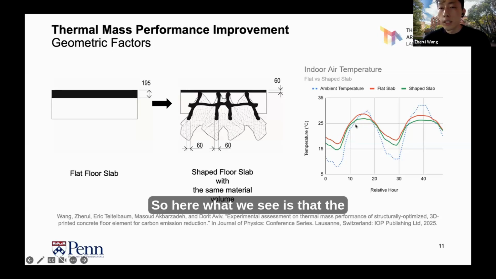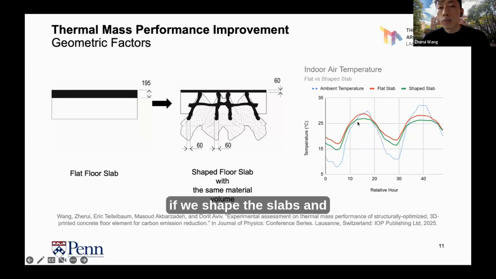Here what we see is that the blue is the ambient temperature of a typical day in a hot and dry climate in Tucson, Arizona in April. The red is the indoor temperature of a building with flat floor slabs, as we can see on the left.